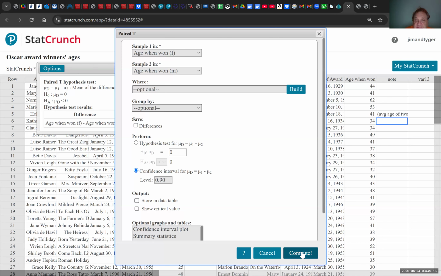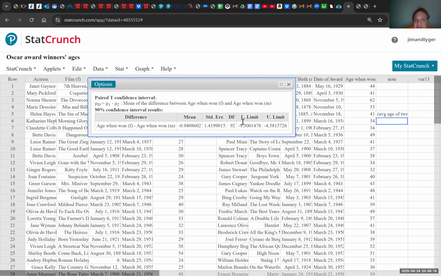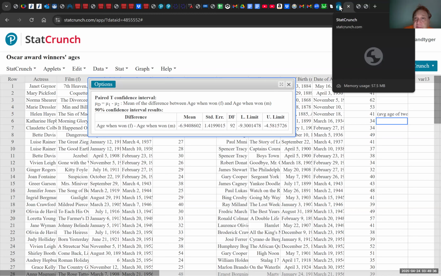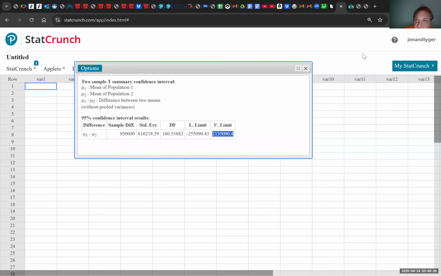And then I'll do my little computation and I get all the information. Again, lower limit, upper limit is what I really want. So this is about negative 9.3. I'm just going to round to the whole number because it's ages. So about negative 9 years, and this is about negative 5 years. So we have a lower limit of negative 9 and an upper limit of negative 5. So back to this one.